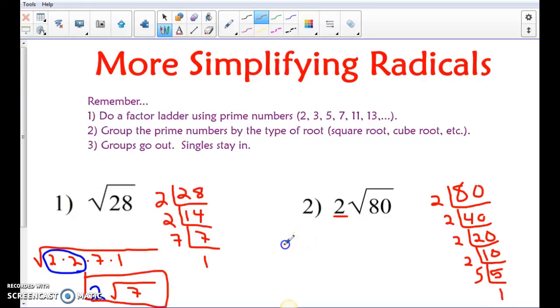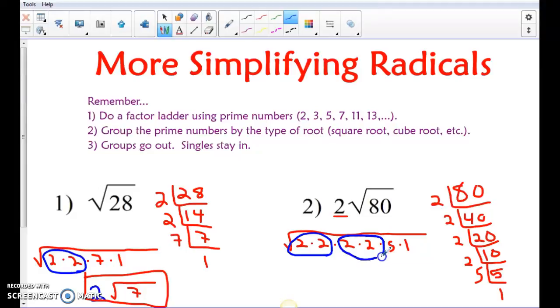So now I'm going to take all of those 2's, and the 5 and the 1, all of those factors, and I'm going to write them underneath my radical. So it looks like I have 4 2's, a 5, and a 1. Alright, so now I'm going to look for groups of 2. So let's see, I have a pair of 2's here and a pair of 2's here.